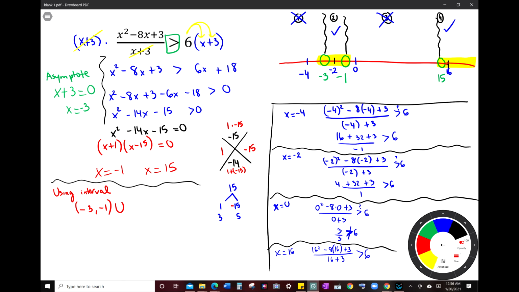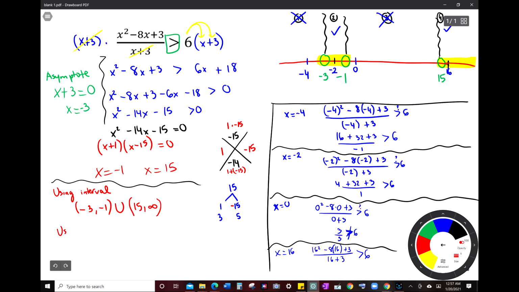And then I have 15 going all the way to the right end of the number line, so therefore it will be positive infinity. At 15 we also have an open dot, so therefore it will be parentheses. For the infinities, we always use parentheses. Alright, and that's the solution if you use interval notation.